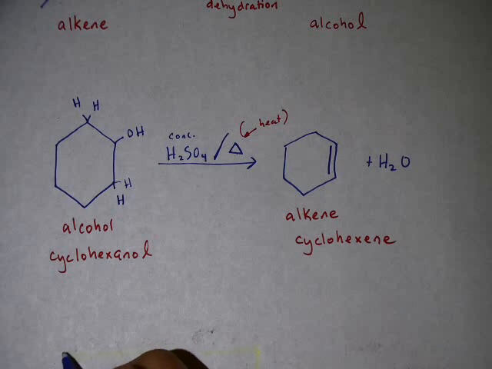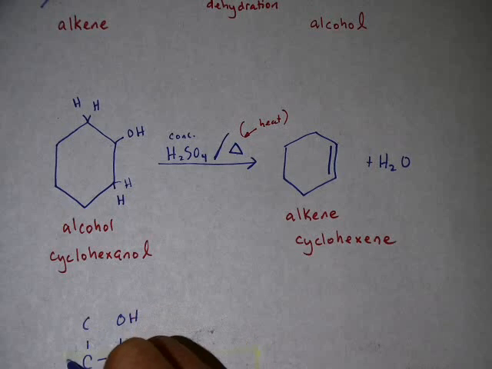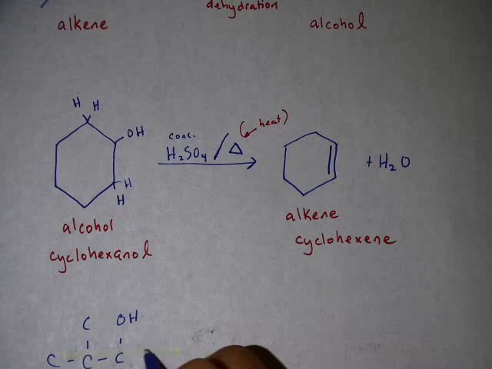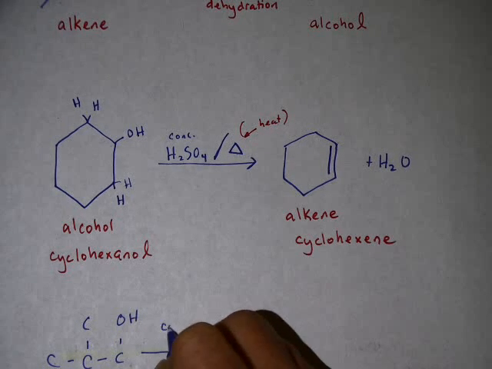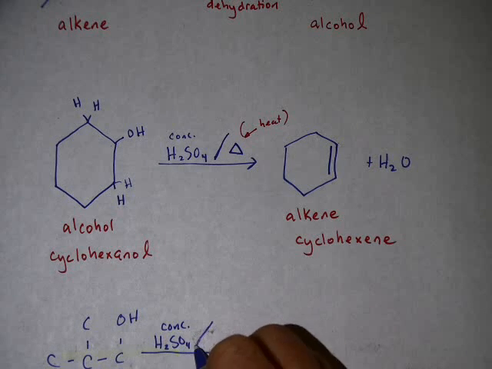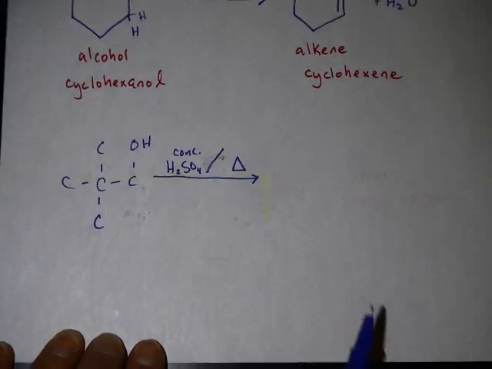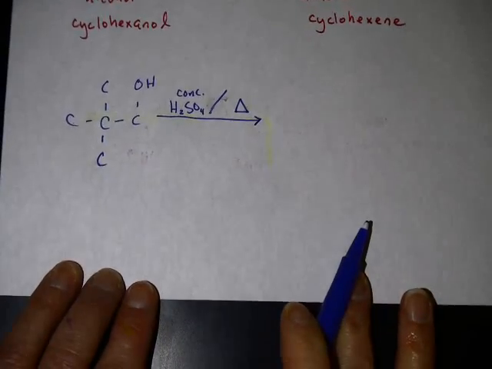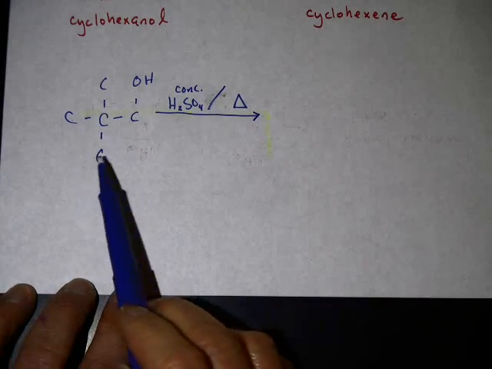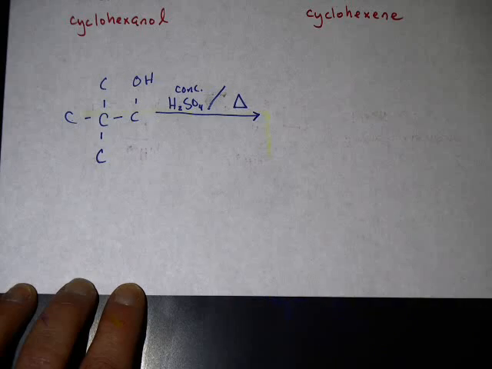What would it look like if I had this? Let's try one more example. How about this? What do you think will happen if I try to dehydrate this alcohol? It is an alcohol, sure enough.